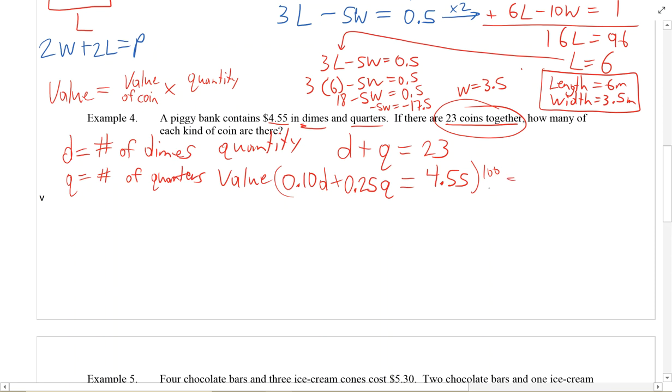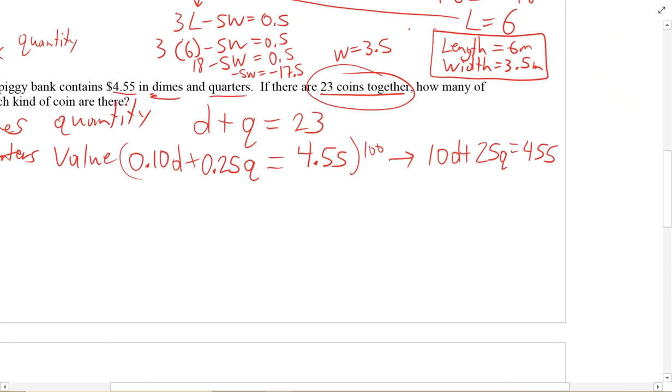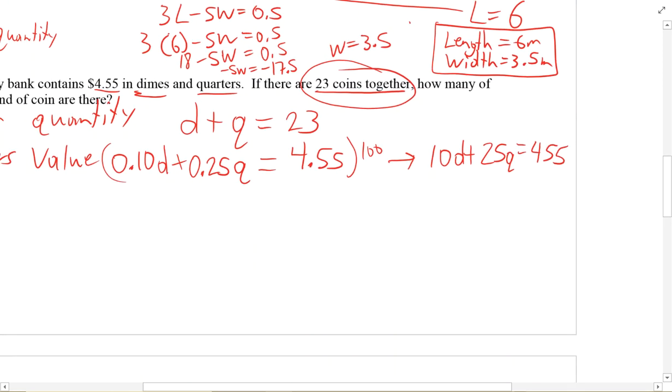So what happens then, when you times it by 100, is you get 10D plus 25Q equals 455. So your decimals are gone. And why does Mr. Barker do that? Because often I see students lose their decimals. That's the only reason why I do it. So if you don't want to, you don't have to, but I strongly encourage it.